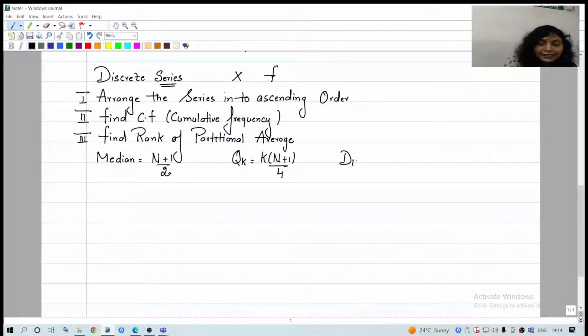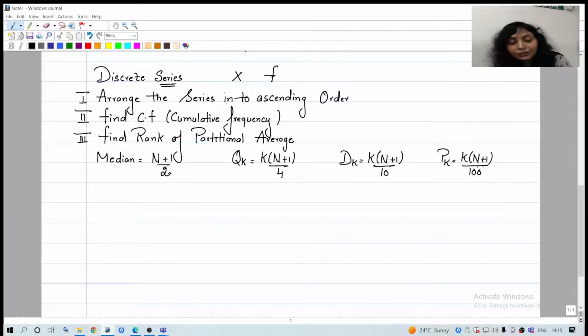For decile, it will be k(n+1)/10. And for percentile, it will be k(n+1)/100. So you have to find out the rank of partitional averages.